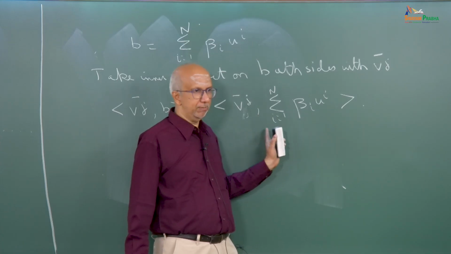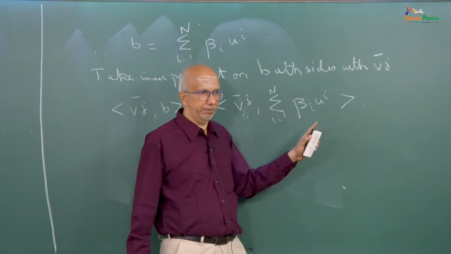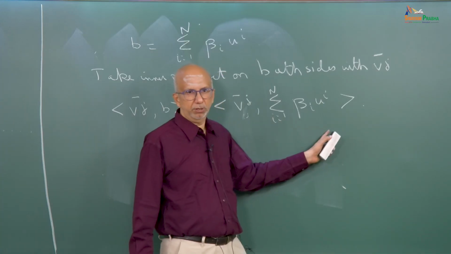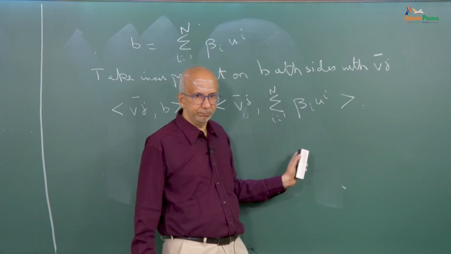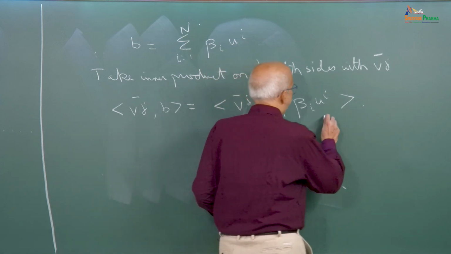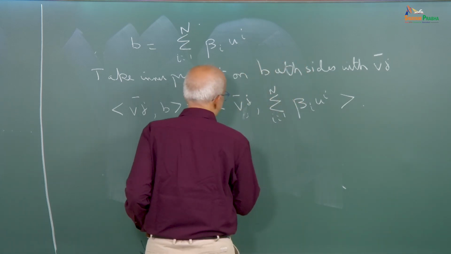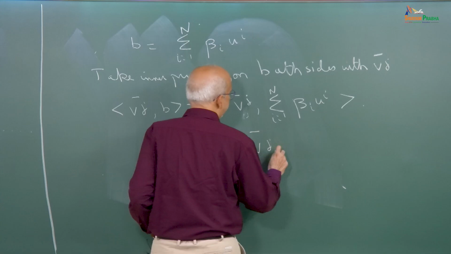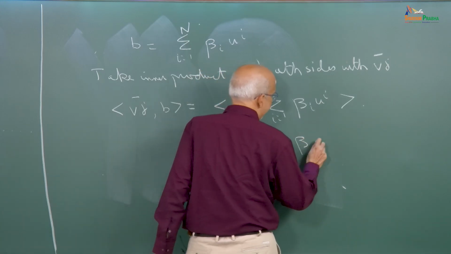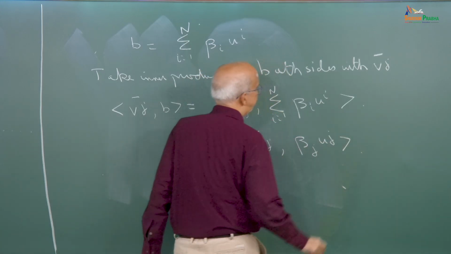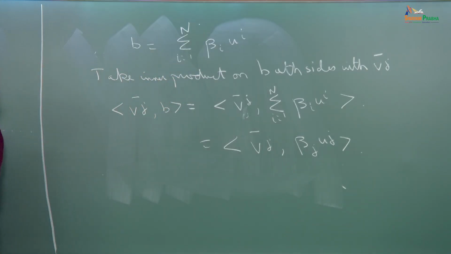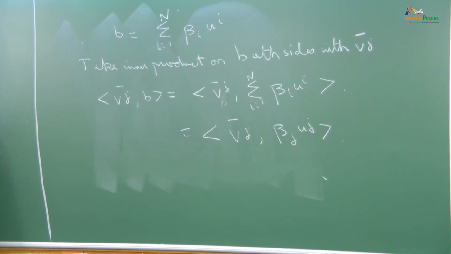So, what I am saying is because of the biorthogonality property, only one term will contribute when i is equal to j. So, only when i equals j is this going to contribute. So, this is going to be written as Vj bar comma beta j uj, because everything else is 0.